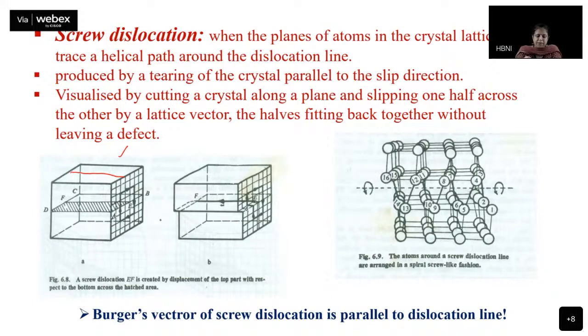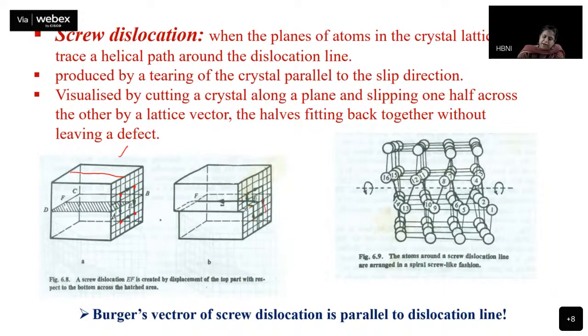So what happens is, if you are in the perfect cube, you start from this point and you go to this point and then you go to this followed by this. You ultimately finish the Burgers circuit and you reach the original point A. But in this case, you start from this point, but now to finish the Burgers circuit, you have to move this particular extra distance.